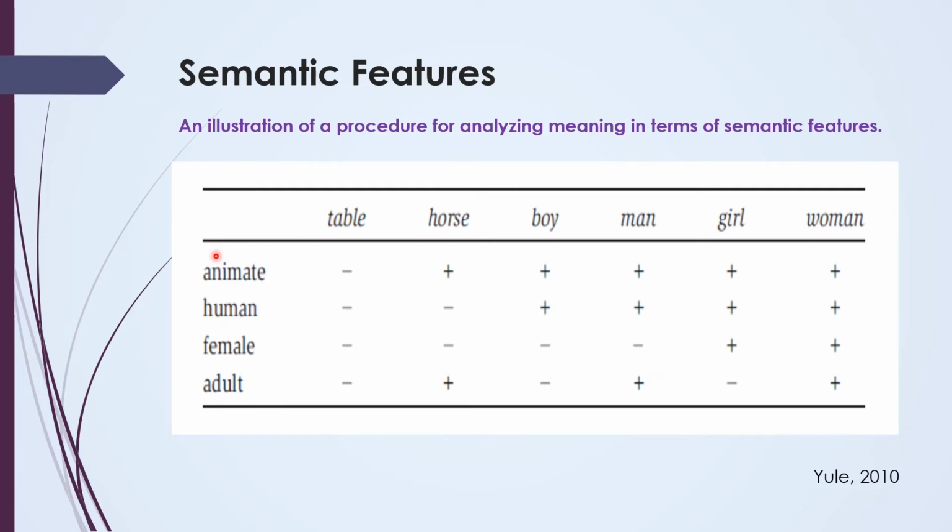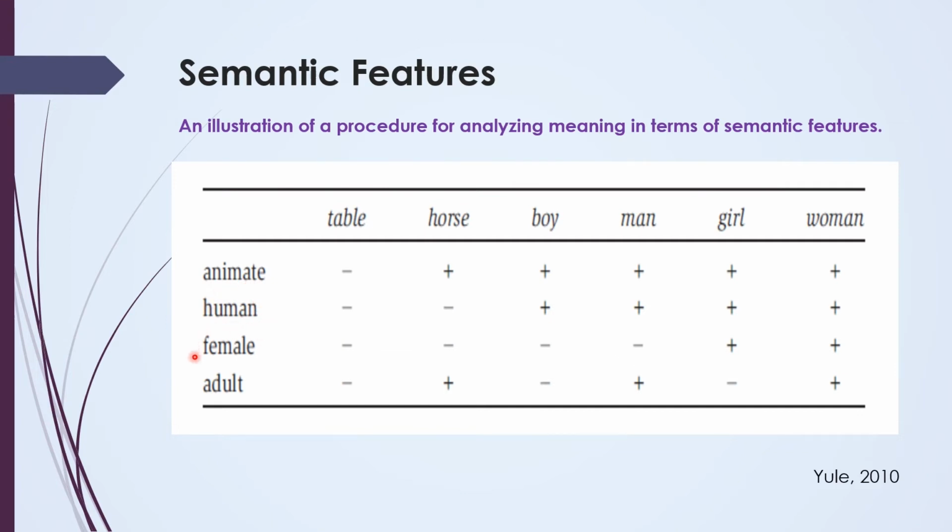First one is animate, that means whether the subject or the particular thing which we are talking about has the ability to do the thing or not. That's what we are referring to as animate. And we have human, and what can a human do.